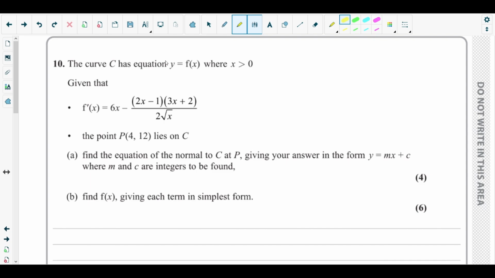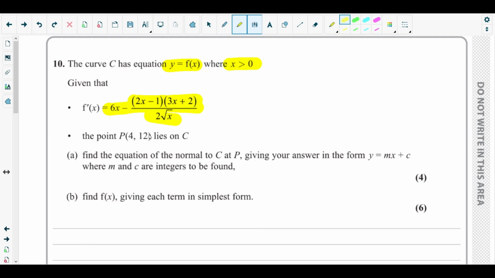It says the curve C has equation y equals f of x, where x is greater than 0. Given that f dash x, the gradient function of f of x, equals (6x minus (2x minus 1)(3x plus 2)) over 2 square root of x.